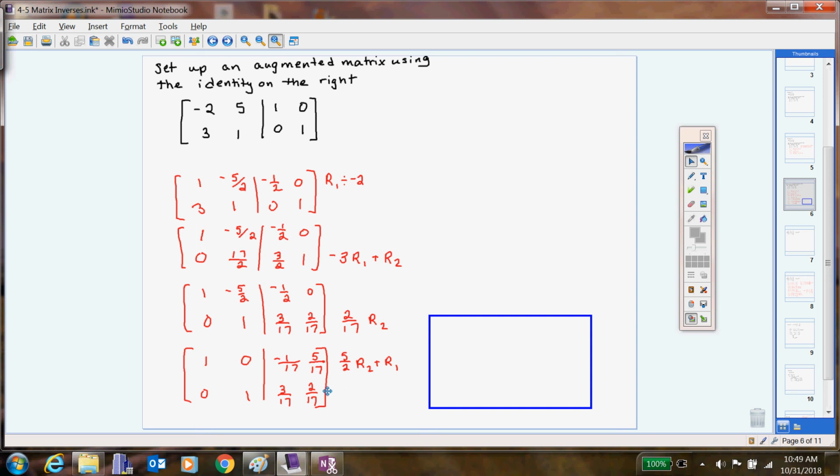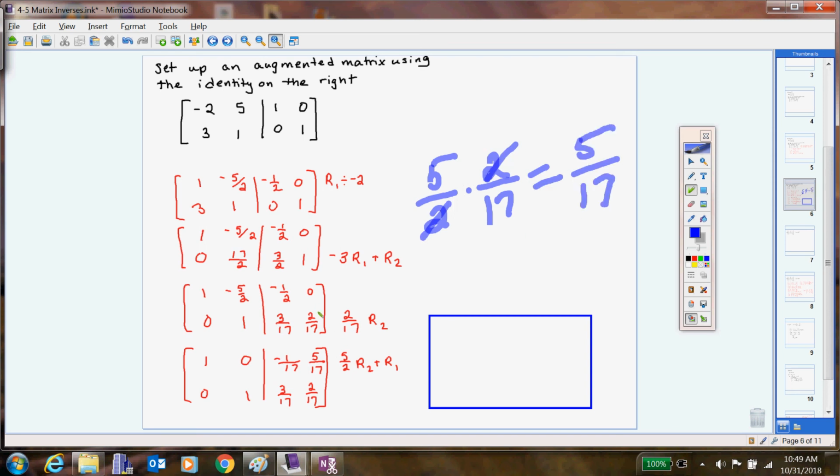Hold on. I think this one's messed up, isn't it? Let's do this one on the side, because we're doing 5/2 times row 2. 5/2 times row 2 times 2/17 gives us 5 over 17.